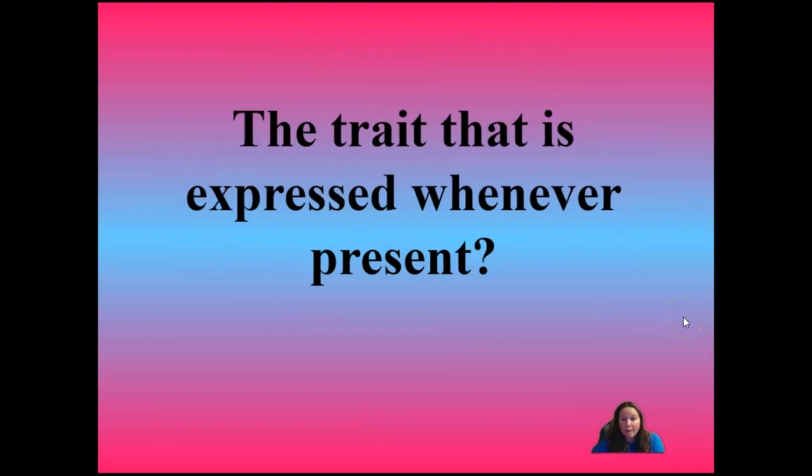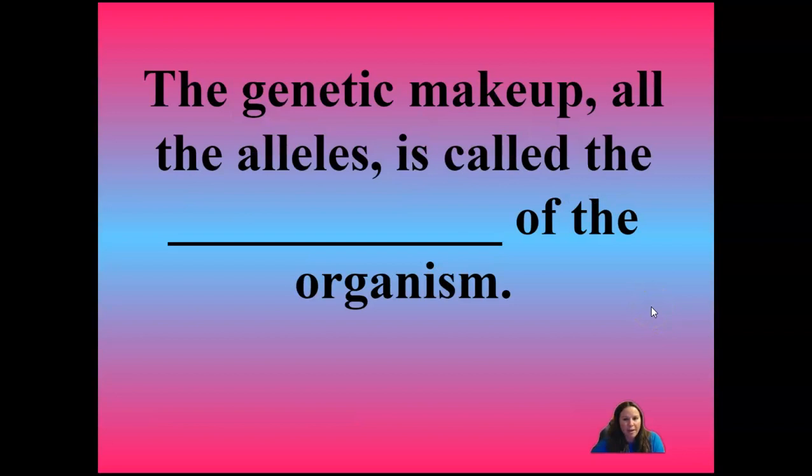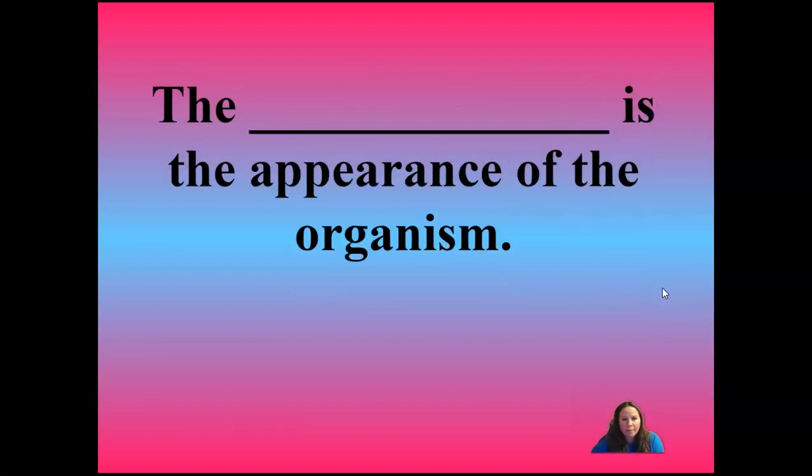The trait that's expressed whenever that allele is present. Answer is dominant trait. The genetic makeup, all the alleles, is called the blank of the organism. Answer is genotype. The blank is the appearance of the organism. Answer is phenotype.